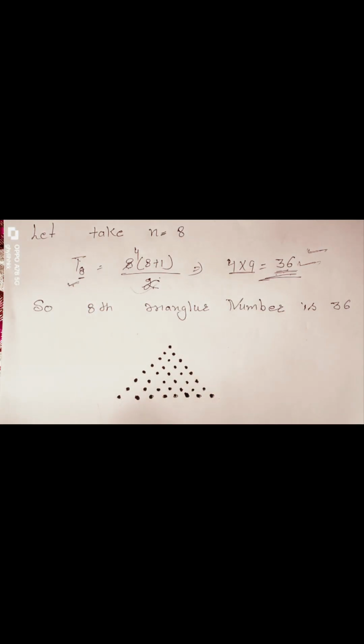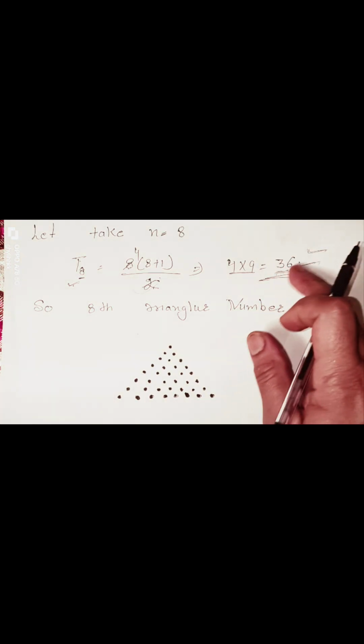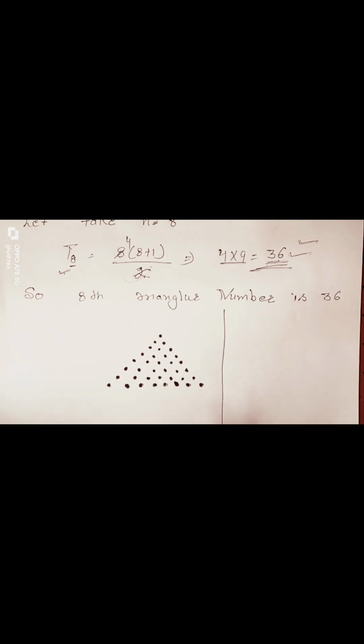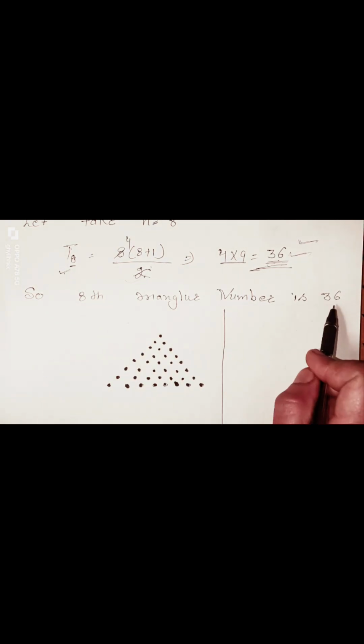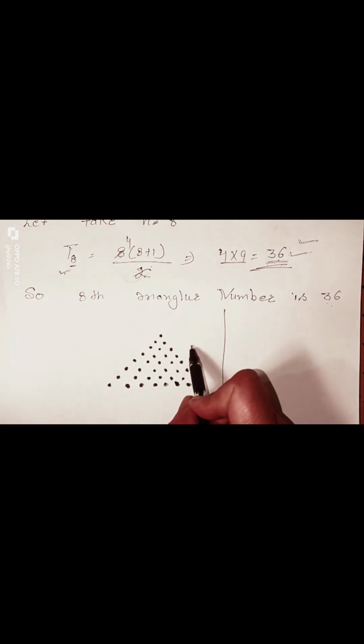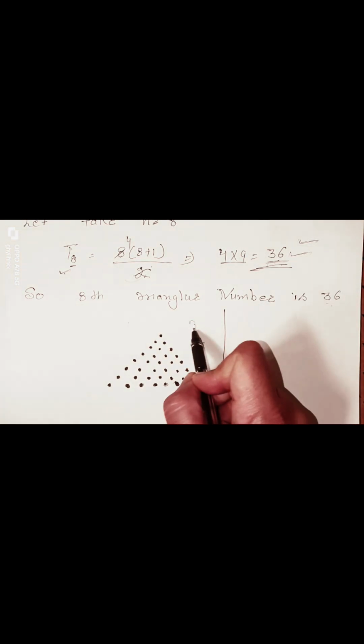So if I want to make a triangular form with dot structures of number 36, what do we have now? The 8th triangular number is 36. Directly we will use the base value of 8 dots and then make the triangular form. Then these dots will be 36.